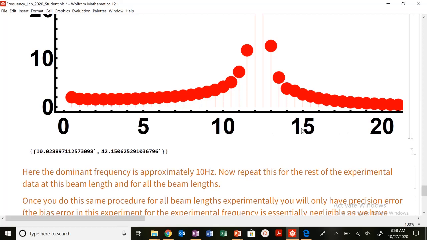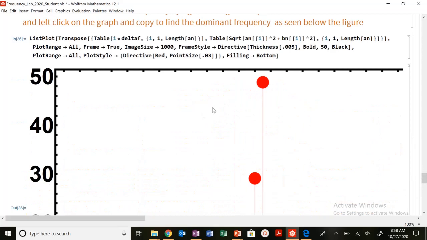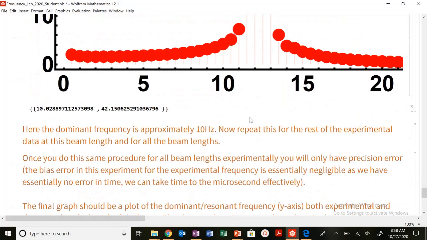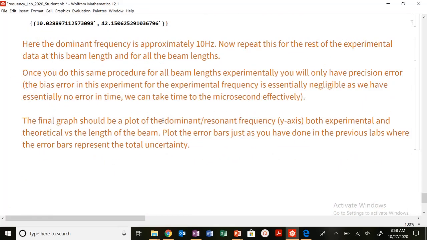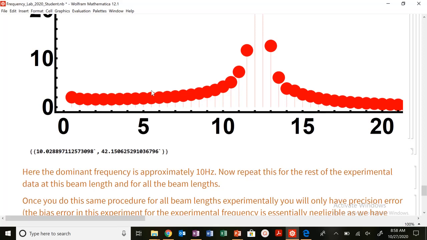Luckily, this DAC is extremely precise in time, so it's going to be pretty negligible in that component. Similarly, any errors or uncertainty in your accelerometer are going to be pretty negligible as well. So for this, you do not have to think about theoretical error. It's effectively negligible.